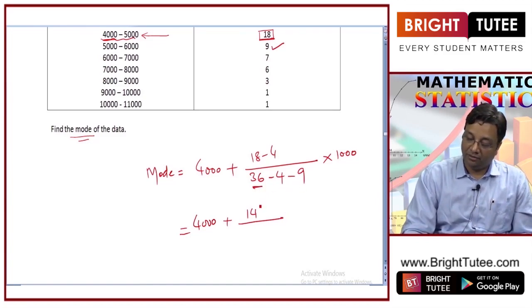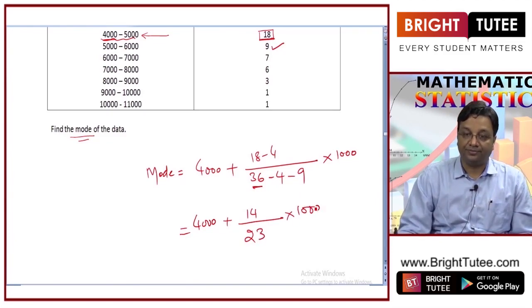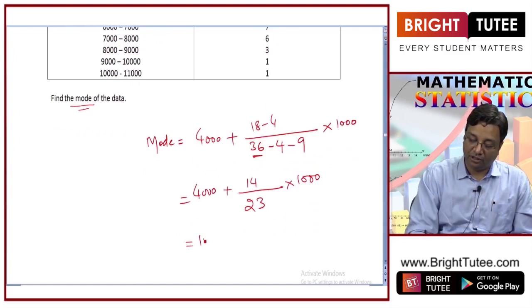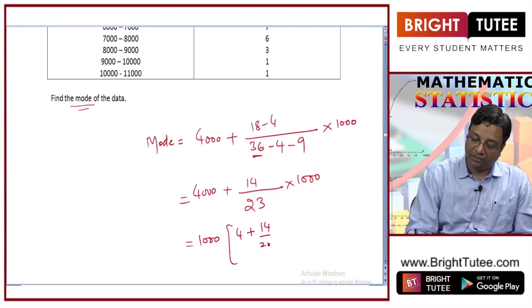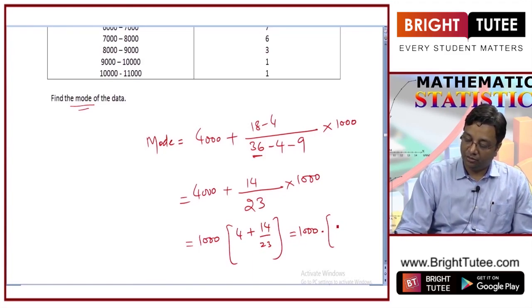So, it will be equal to 23 and multiplied with 1000. Okay. So, again what you can do is you can take 1000 as common, 4 plus 14 by 23 here, which will be equal to 1000 into, this is 23 into 4 is 92, 92 plus 14 is 106 by 23, right.